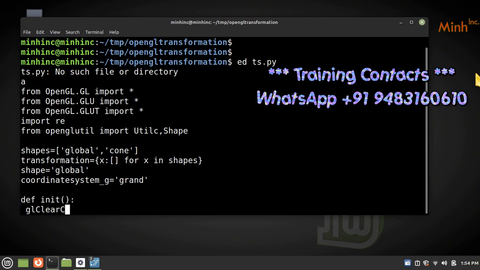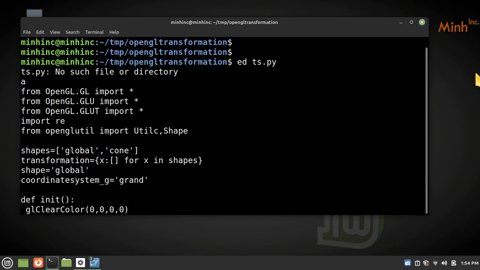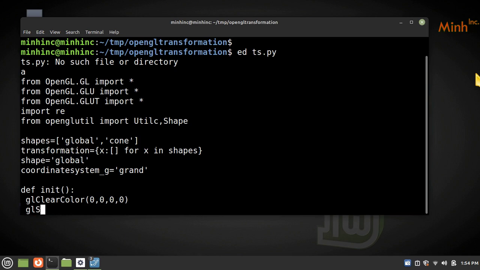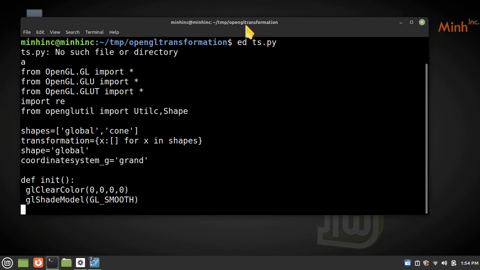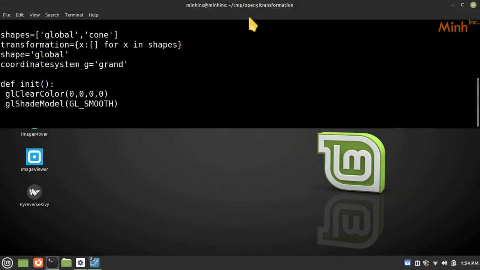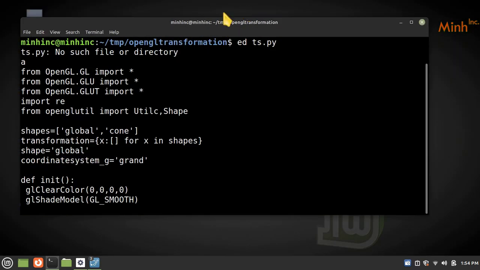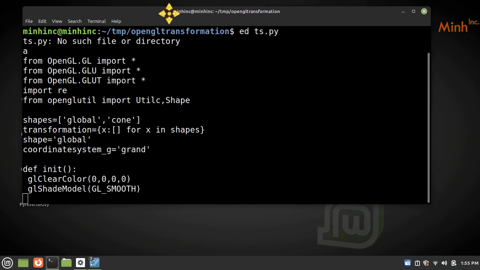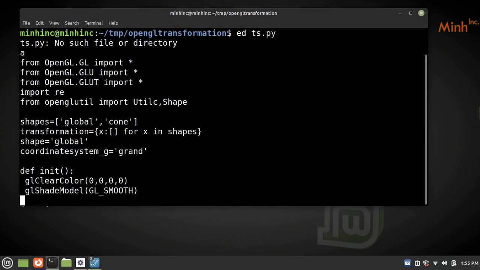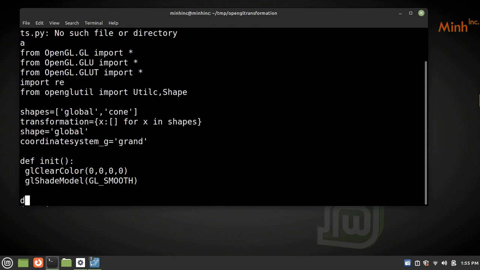So glClearColor, glShadeModel as GL_SMOOTH. I think we're done.